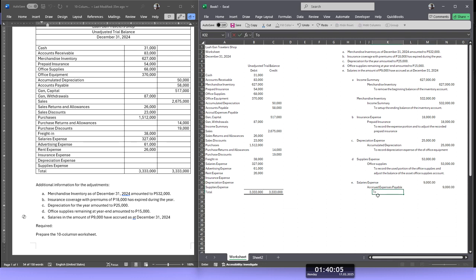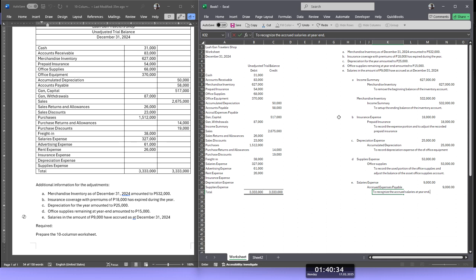to recognize the salaries expense on accrued salaries expense at year end. Okay, so these are the journal entries for the adjustment.